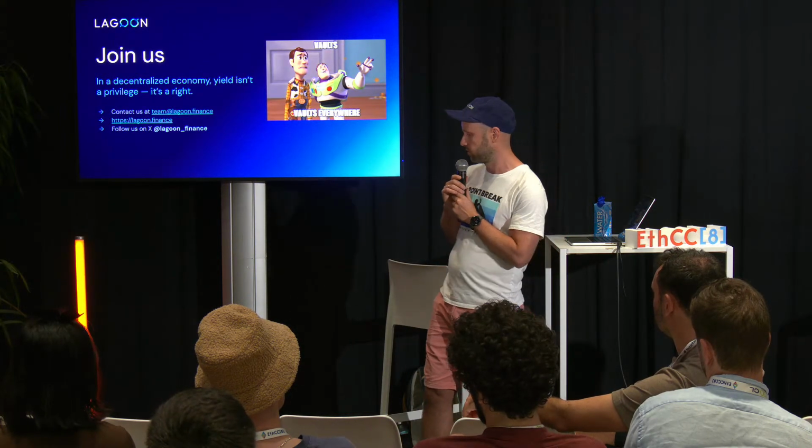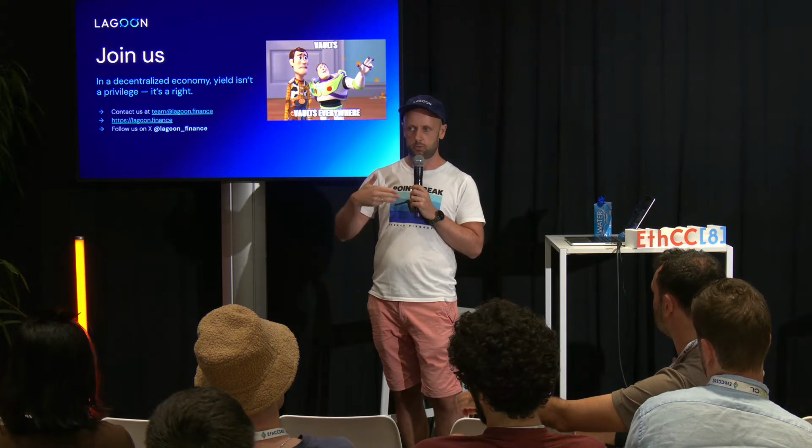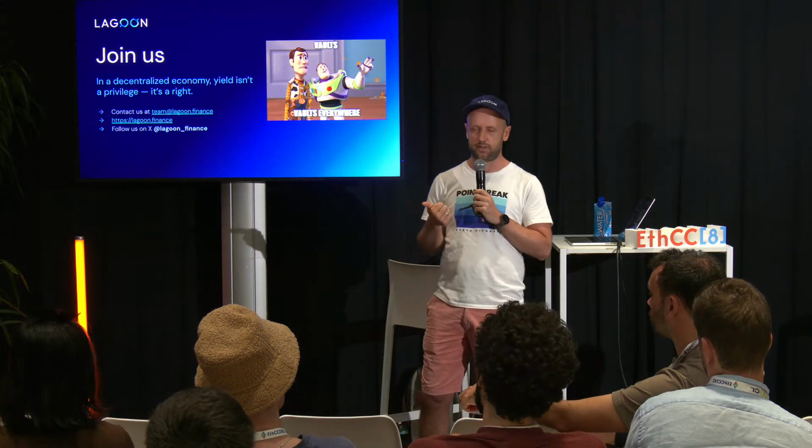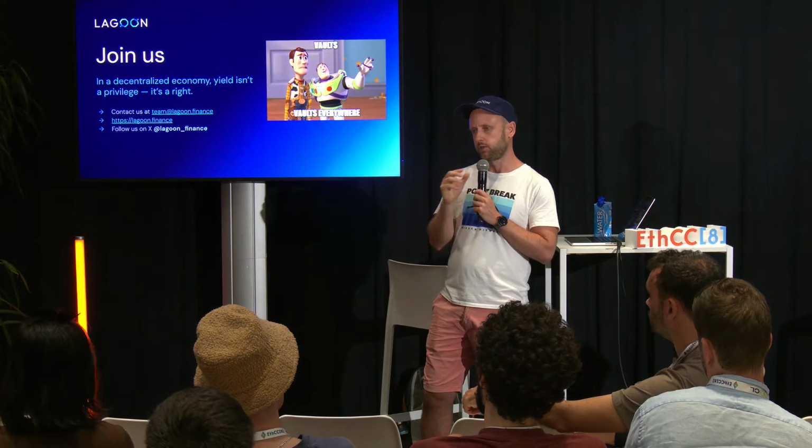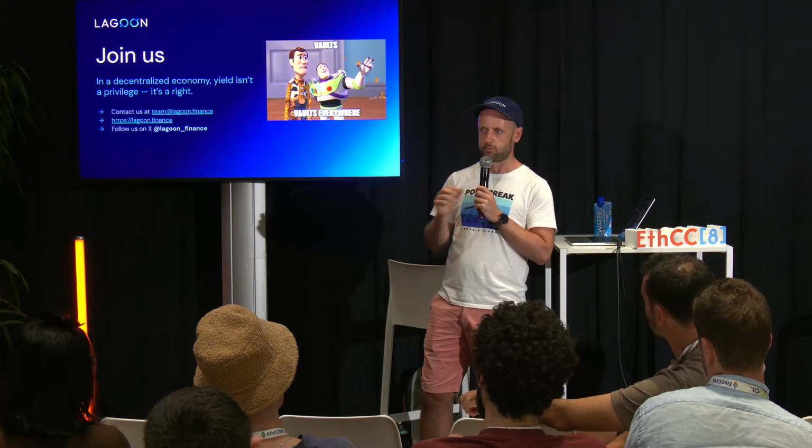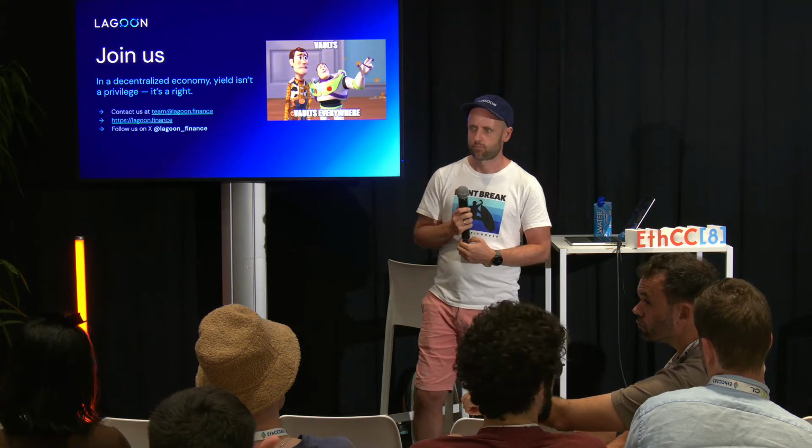And also we have this approach of doing asynchronous deposit and withdrawal, because first of all, it's how it's done in TradFi, and also it decreases the attack surface to the minimum. Thank you.